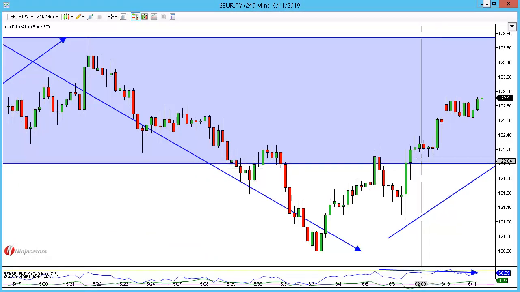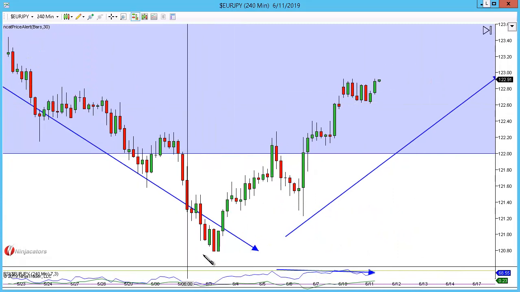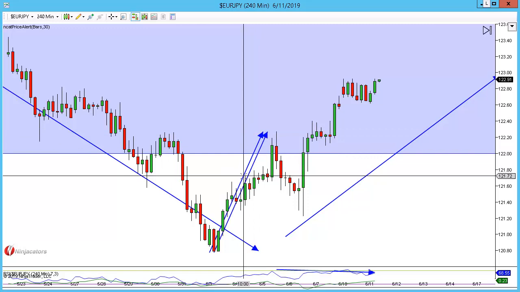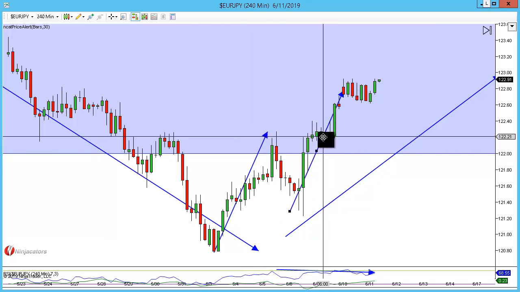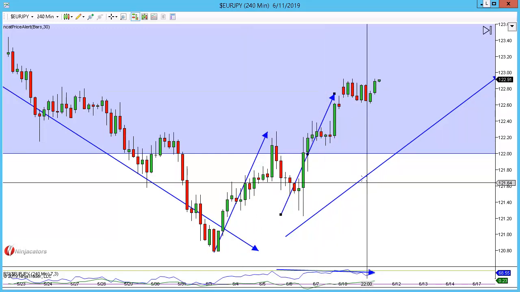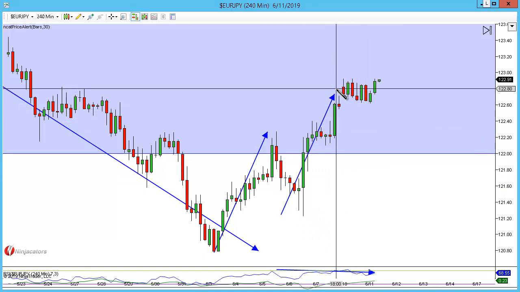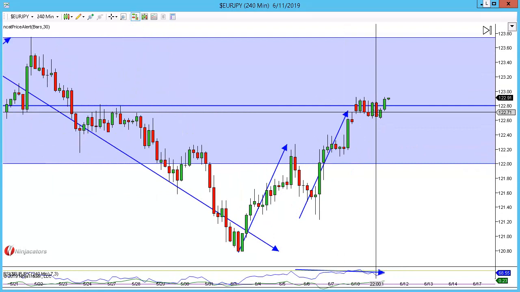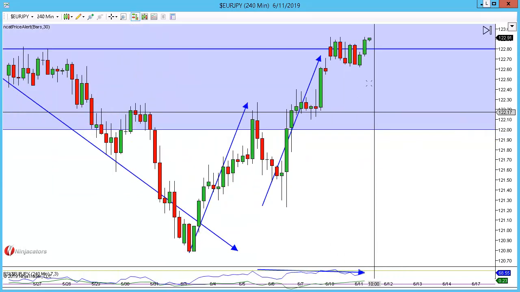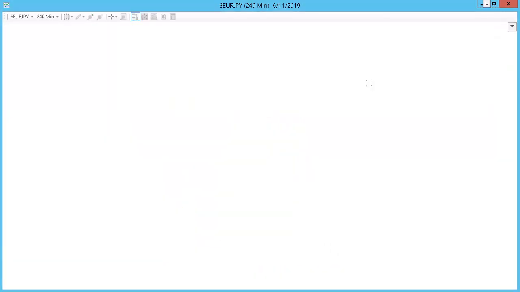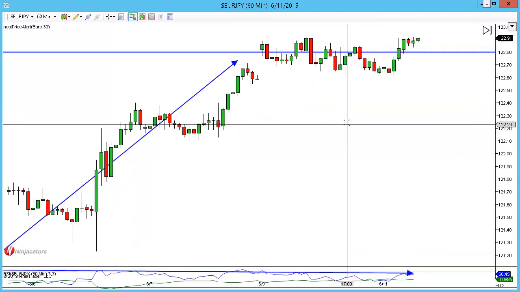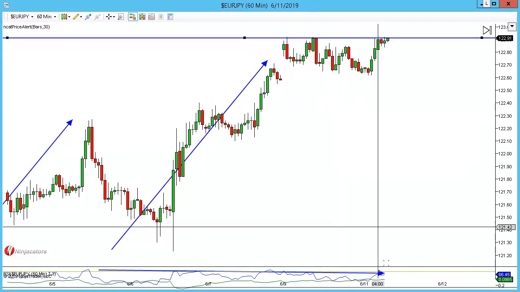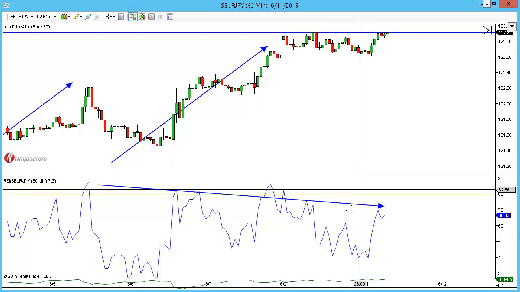If we drop down to the 240, this is what I've been talking about for the past week or so, this AB equals CD pattern, and we're actually up in that zone now. The problem is that it comes in at nowhere. There is no structure for it, looking left. So I would be looking for a confirmed double top where we violate the V point. And the way price is moving, it's not looking like we're going to get that.